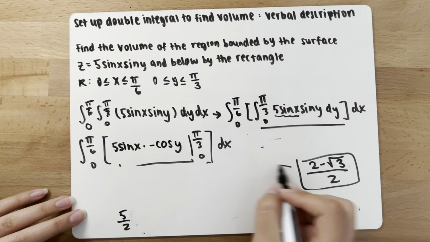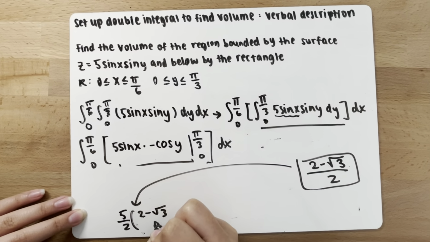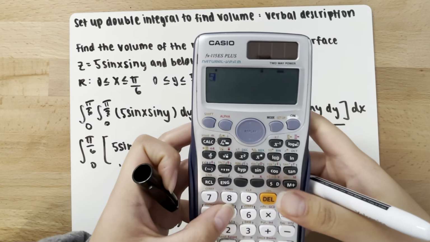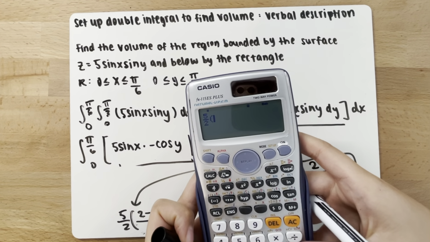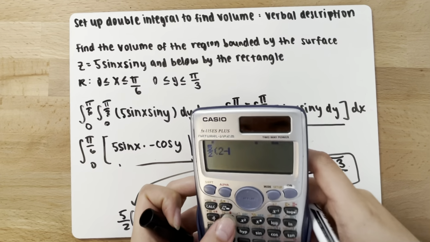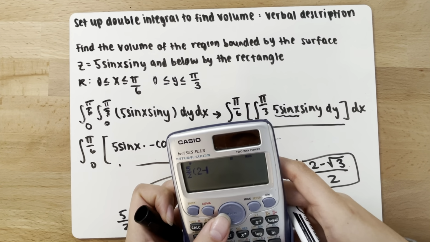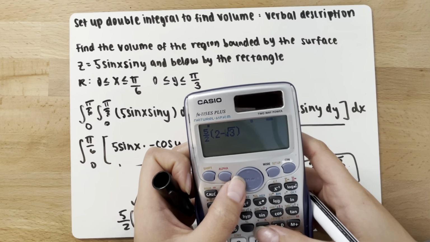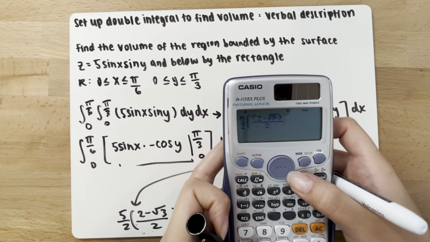Therefore, bring it here, multiply it by 5 over 2. Plug this into a calculator: 5 over 2 times 2 minus square root of 3, all of that over 2.